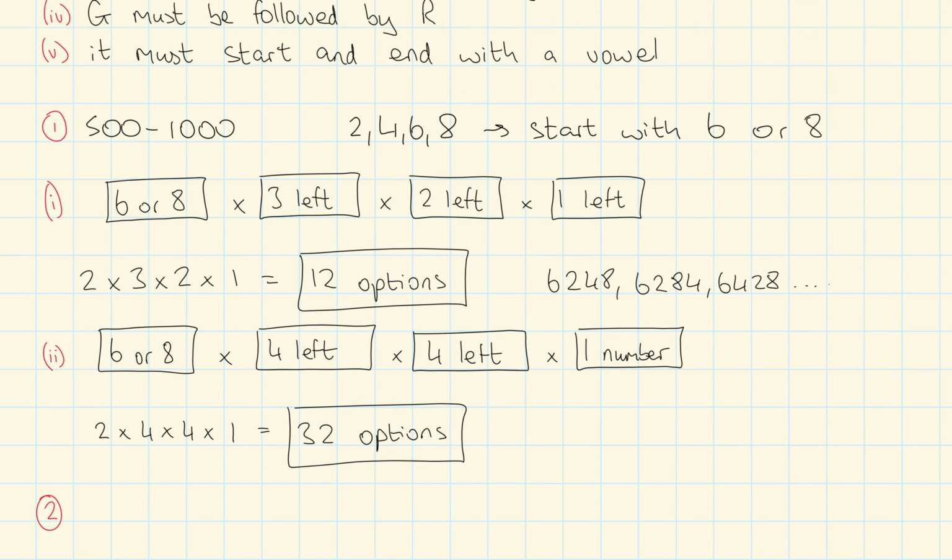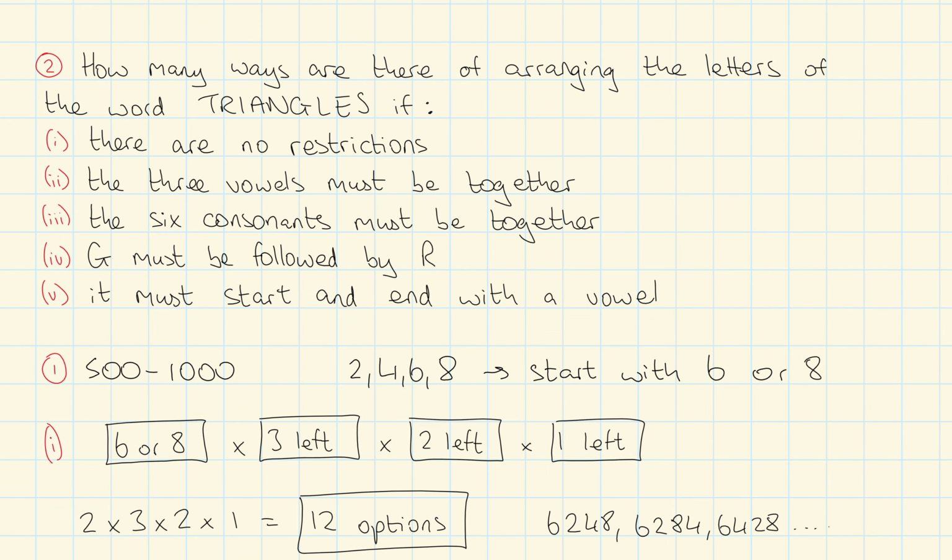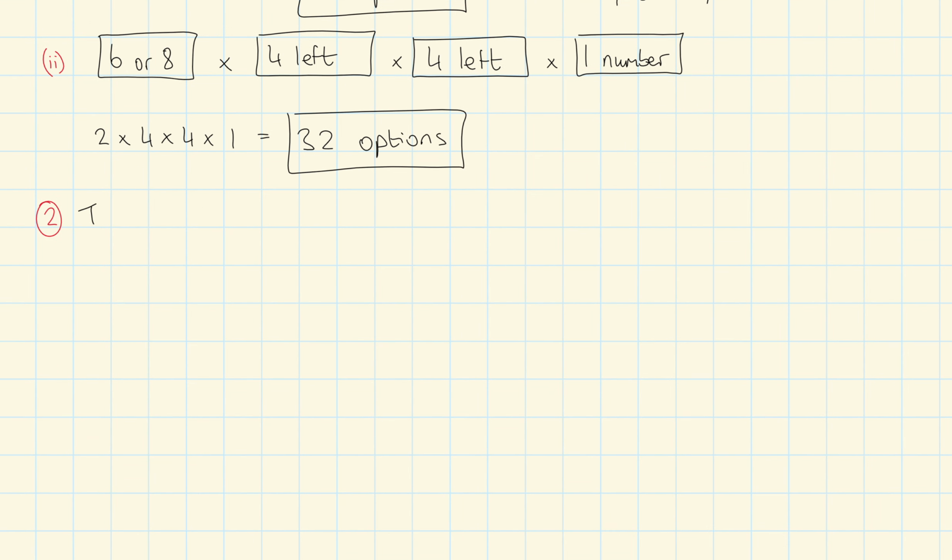In example 2, we're told about the word triangles and then different questions. Part 1 says no restrictions. So if we take the word triangles, that's 9 letters. And if they tell us no restrictions in part 1, it'll be 9 factorial.